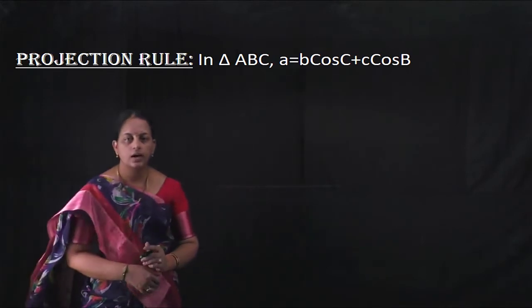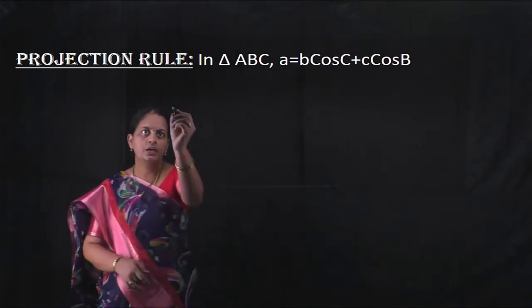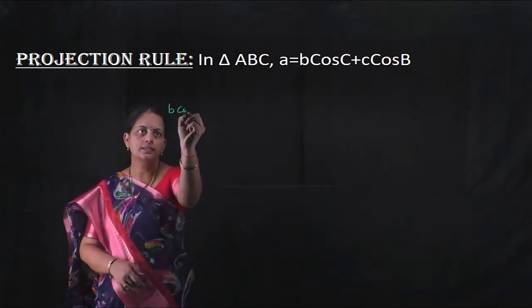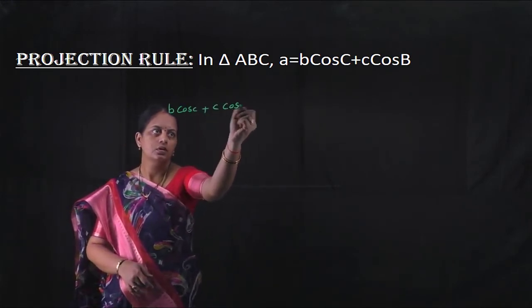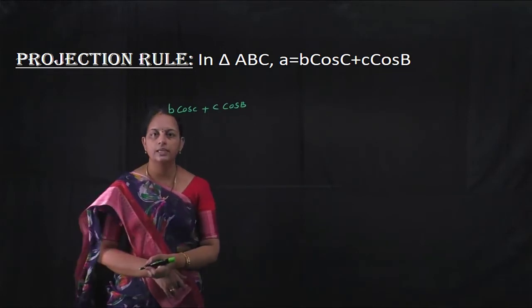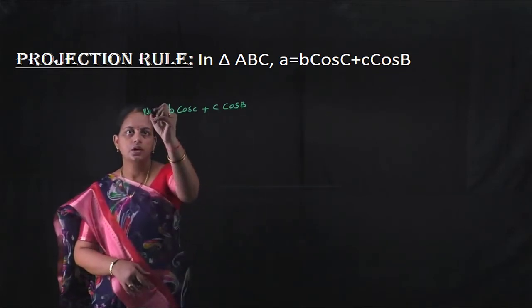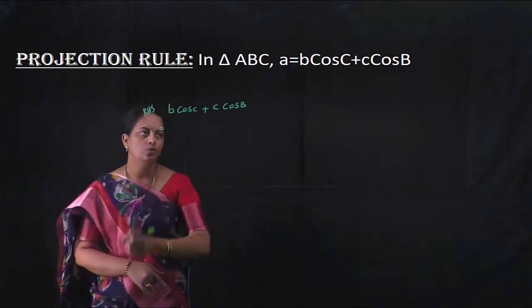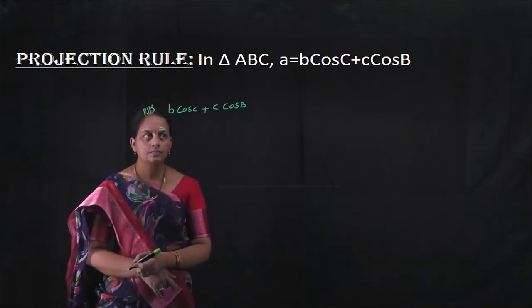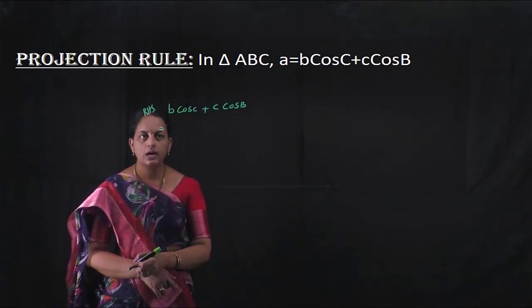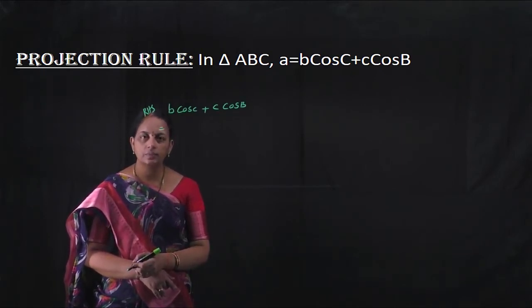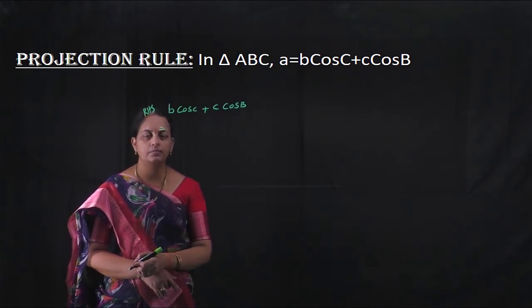Consider the RHS part, b cos C plus c cos B. From the cosine rule, we know that cos B equals (c squared plus a squared minus b squared) by 2ca, and cos C equals (a squared plus b squared minus c squared) by 2ab.